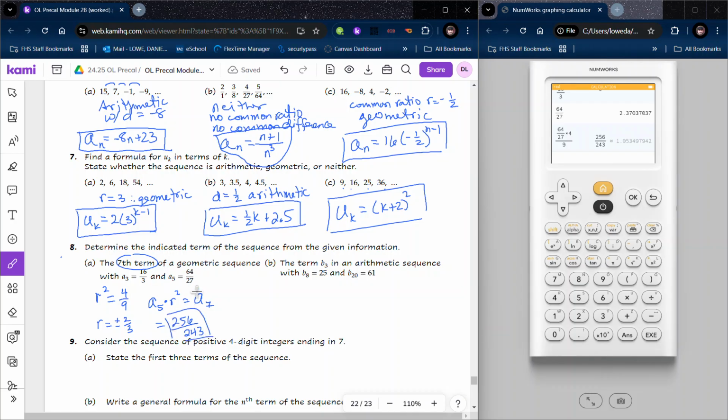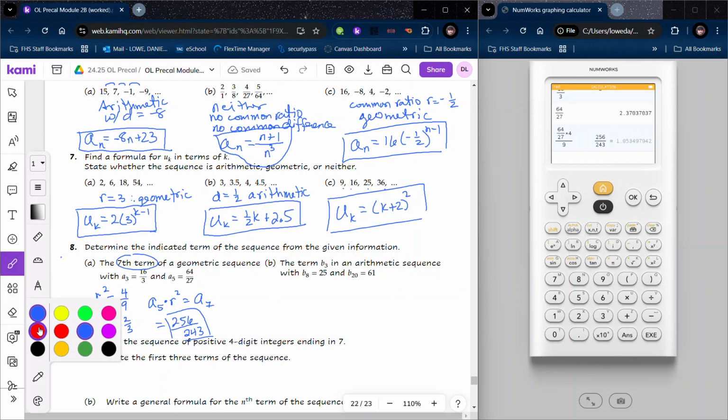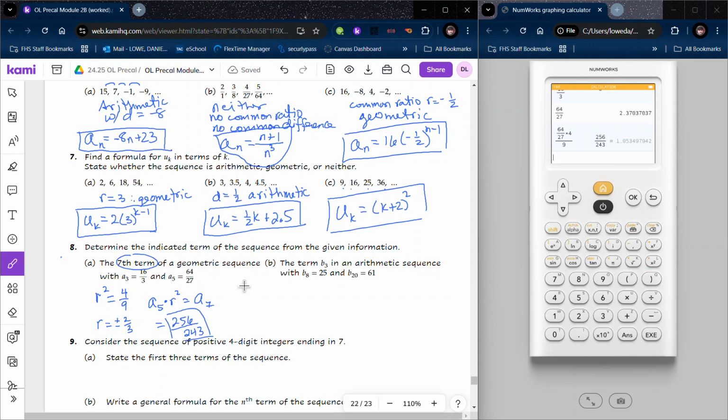Now, if I look, I could recognize a pattern in my work. I can tell the numerator is going to be based on powers of 2, and the denominator on powers of 3, and just figure out 2 to what power, 3 to what power, but I'm not going to worry about that at the moment.